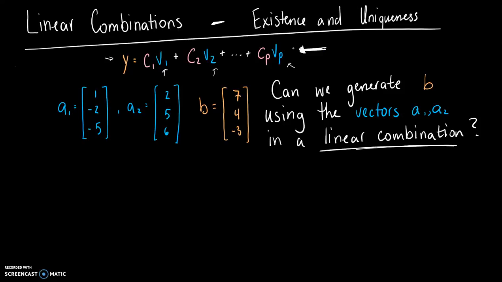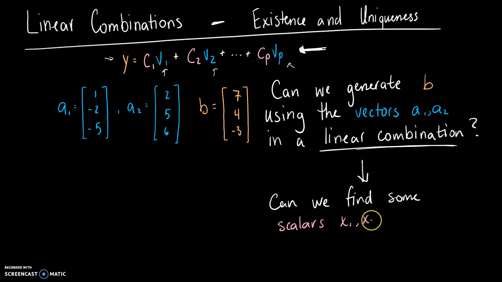And so what this question really amounts to is, can we find some scalars x1 and x2 that satisfy a linear combination of B written in terms of A1 and A2? Again, I'm going to change up the letters that we're using here just to connect this to what we've already done before.